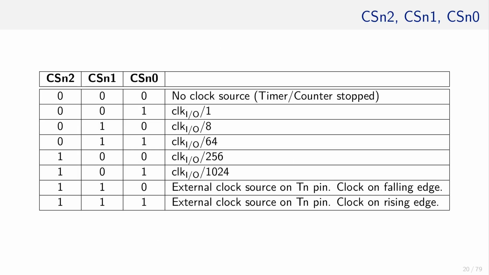There are several prescalers available. The largest one is 1024, the lowest one is no clock source, so the counter does not count at all and is stopped. That switched off state is the default after a reset. Therefore, configuring the bits CSN2 to CSN0 is mandatory to use the counter in the first place.